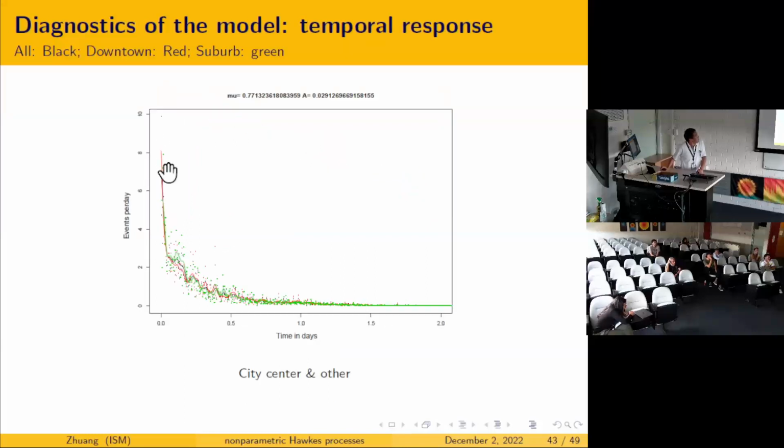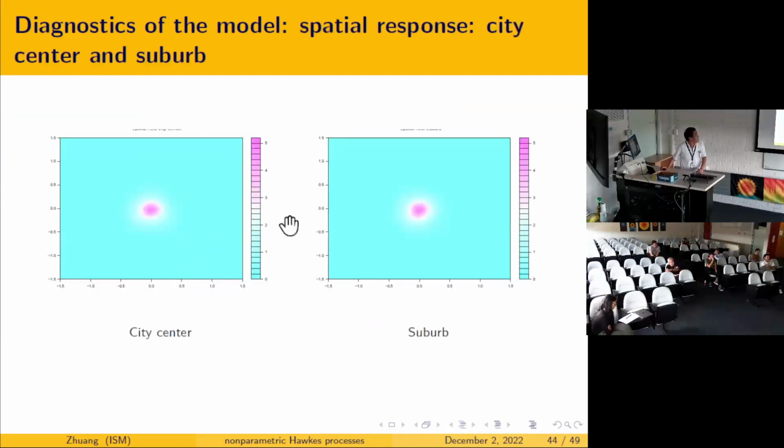This is the triggering temporal response. There are three curves, one for each year, but almost the same. And for the spatial part, the city center and the suburban regions, the difference is not so big. So for the triggering response part, the model is sufficient.